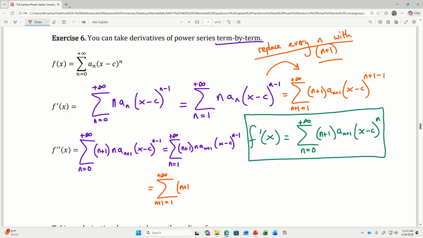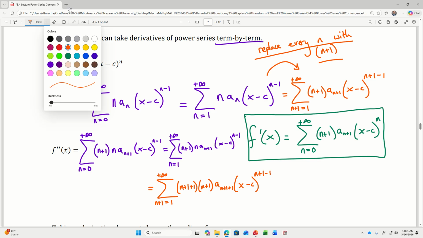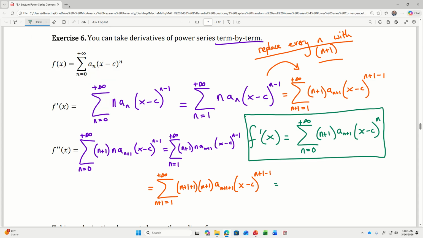N plus 1 plus 1 times n plus 1 times a subscript n plus 1 times x minus c raised to the power n plus 1 minus 1. And you're allowed to do this as long as you are very consistent about replacing every single n with n plus 1.